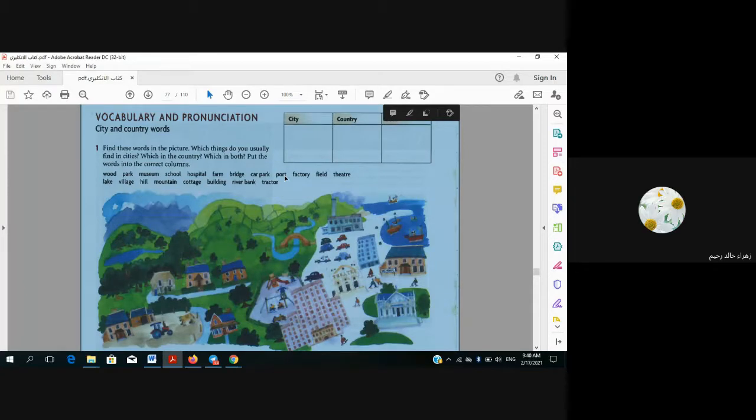We find it in the country. Country. Theater. In the city. City. Lake.